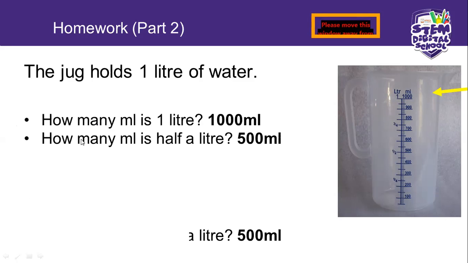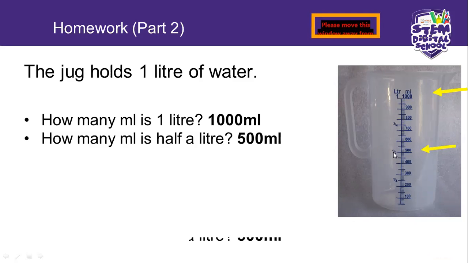Let's see, how many milliliters is half of a liter? You can say 1,000 milliliters divided by 2, it gives you 500 milliliters. 2 into 10 goes 5 times, and then you've got your 2 zeros, it gives you 500 milliliters. You can even see it here on the jug.